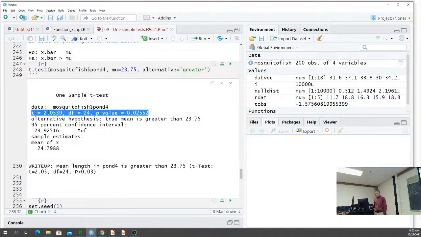So when we run the test, we look at this line. These are the numbers we have to report, and then our conclusions based on our p-value. If it's less than 0.05, we know the means are not equal. If it's greater than 0.05, the means are equal, or we don't reject it. They're probably equal. All right. So we'll look at these in the write-ups on Monday.